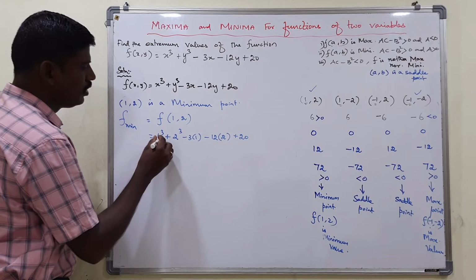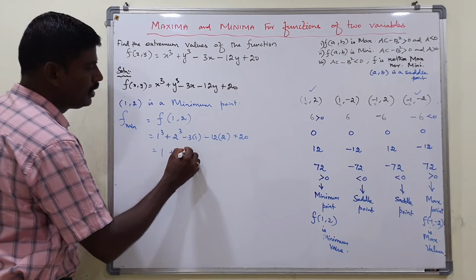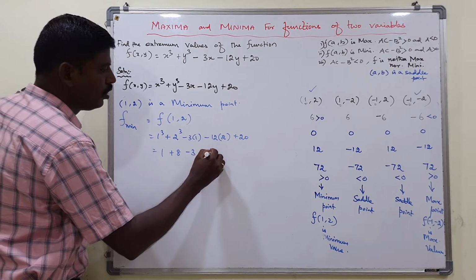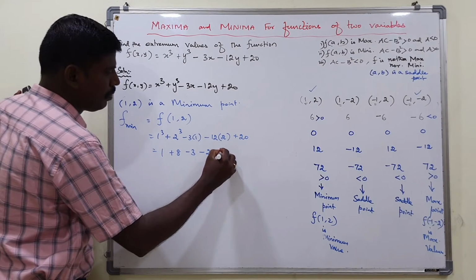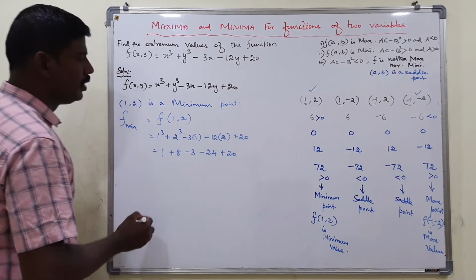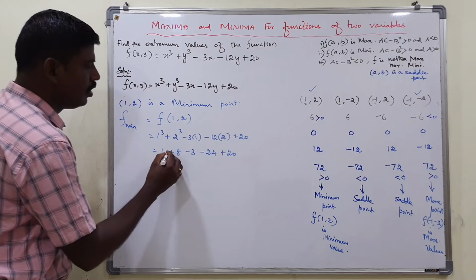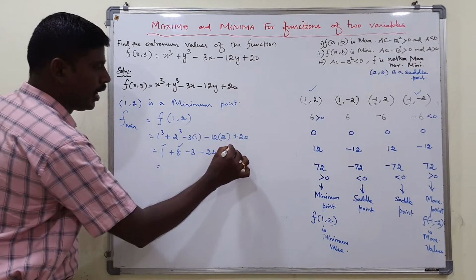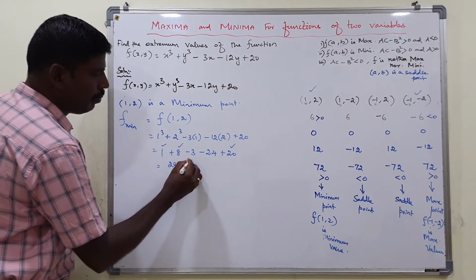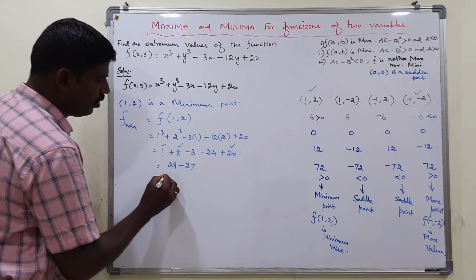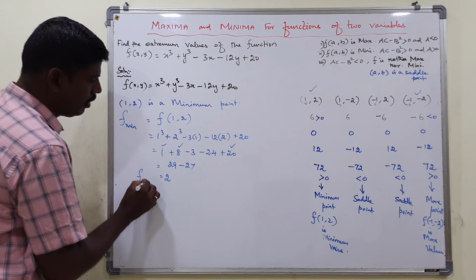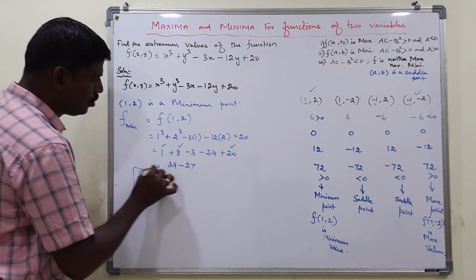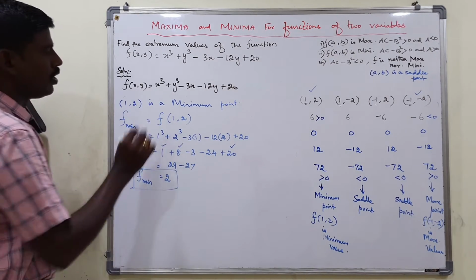Okay. So what is this value? 1 plus 8 minus 3 minus 24 plus 20. Isn't it? So 1 plus 8 is 9, 9 plus 20 is 29, minus 27. So that is equal to 2. So the minimum value of F is 2, attained at the point 1 comma 2.